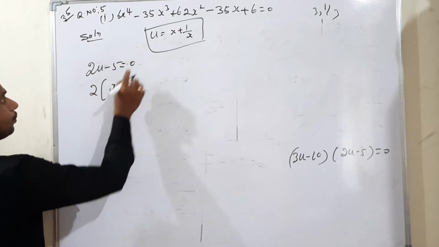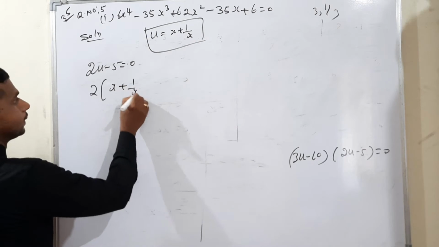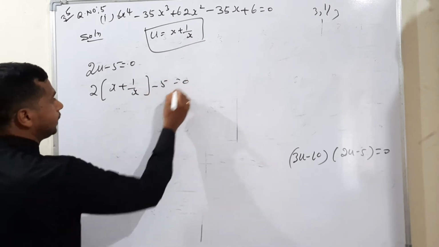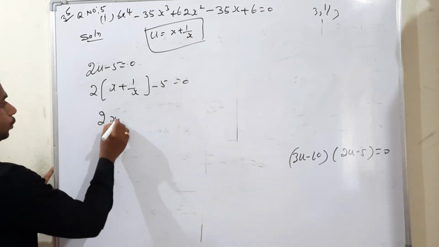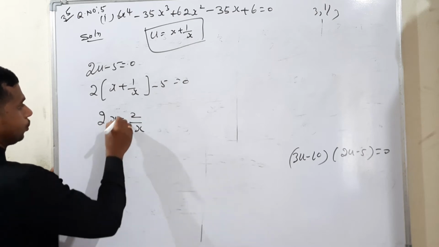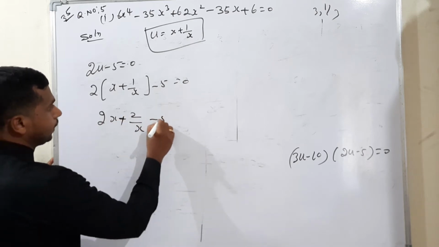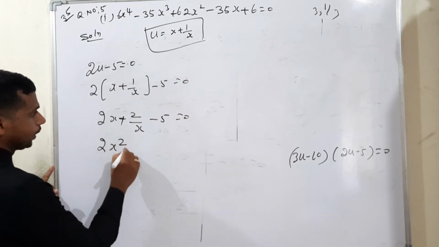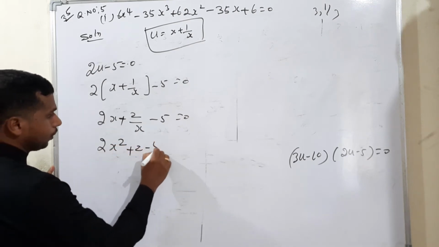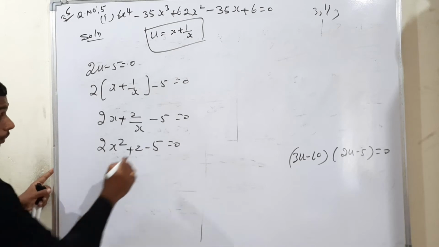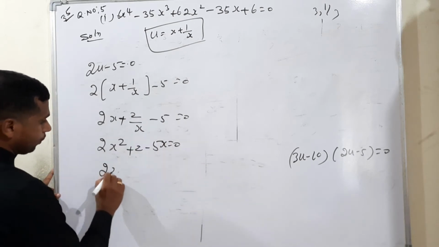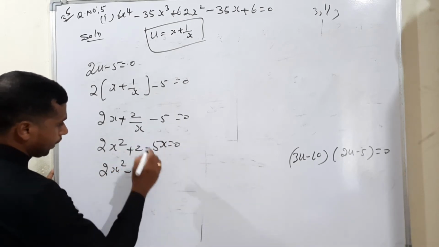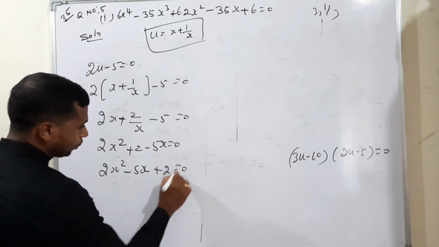Now, what is the meaning of u? x plus 1 by x minus 5 is equal to 0. Again, remove the bracket means 2x plus 2 by x minus 5 is equal to 0. Therefore, 2x into x, 2x square plus 2 minus 5x is equal to 0. Therefore, 2x square minus 5x plus 2 is equal to 0.